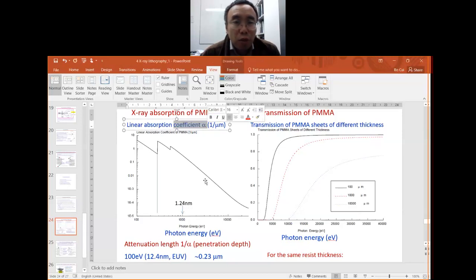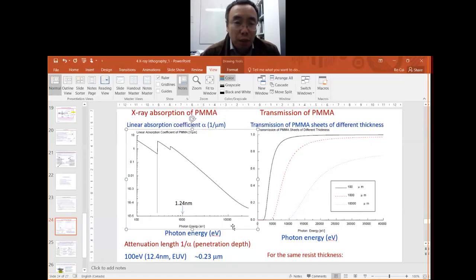For the absorption coefficient, the higher the energy, the lower the absorption. Here you can see for the PMMA we have two peaks. One peak is near 300, on the scale of 100 electron volts, 200, 300. Another peak is between 500 and 600. So now we come back.